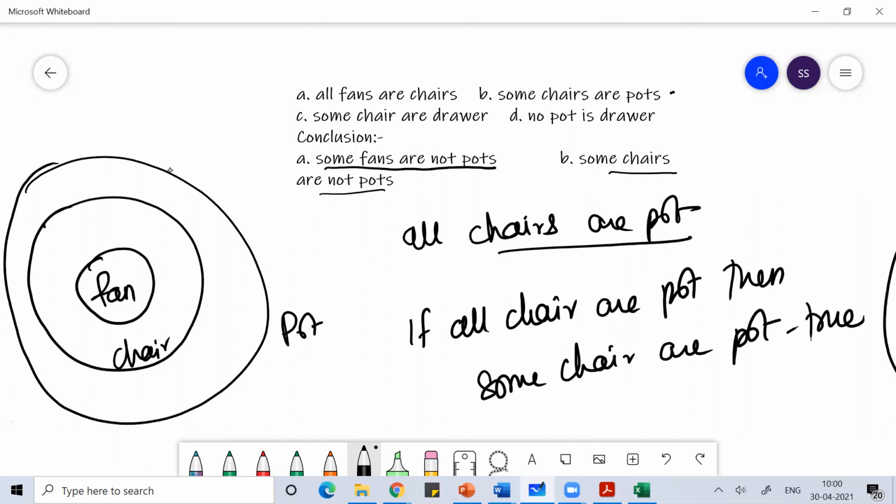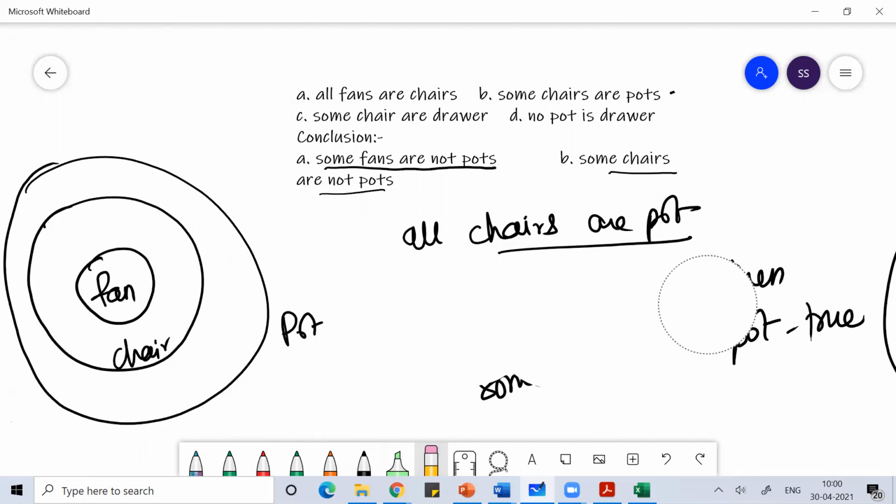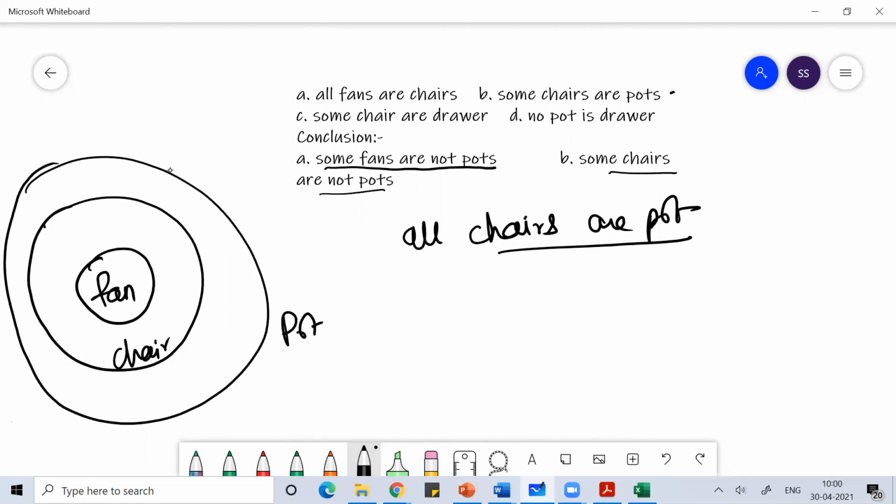I hope you are understanding. Definitely that would be true. So I'm just wondering about one of the possibilities. Suppose that is the possibility. Just ignore that. So some chairs are pot. Here I'm getting this: all chairs are pot. You can see that. Here I'm trying to prove, is this true or not?